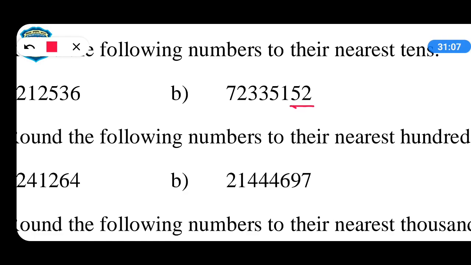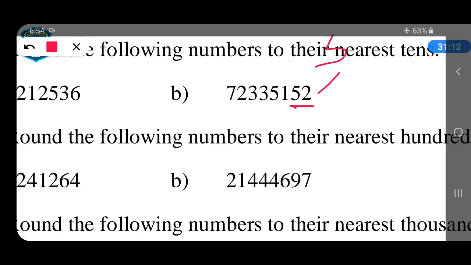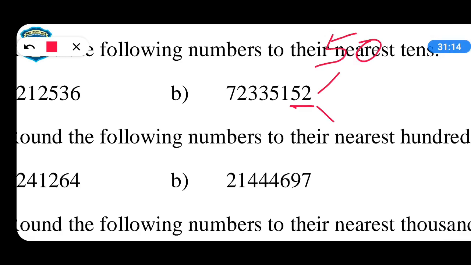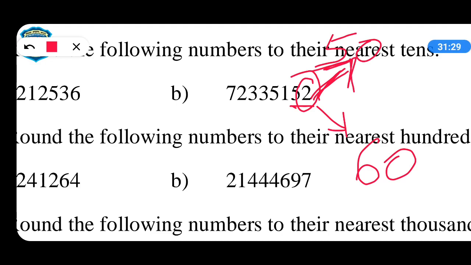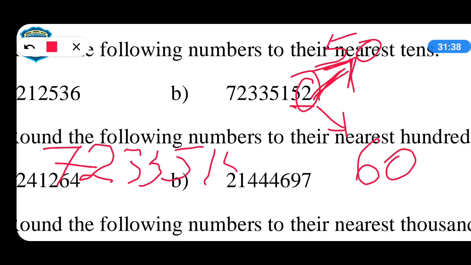So in this way, again when you see the next B part, see the last digits, it is 52. The tens before 52 is what? 50. And after 52 the next ten comes, 60. Now who will decide? This 2 will decide. It is less than 5. If it is less than 5, then it will move to the lower number, right? So it will go down to 50.